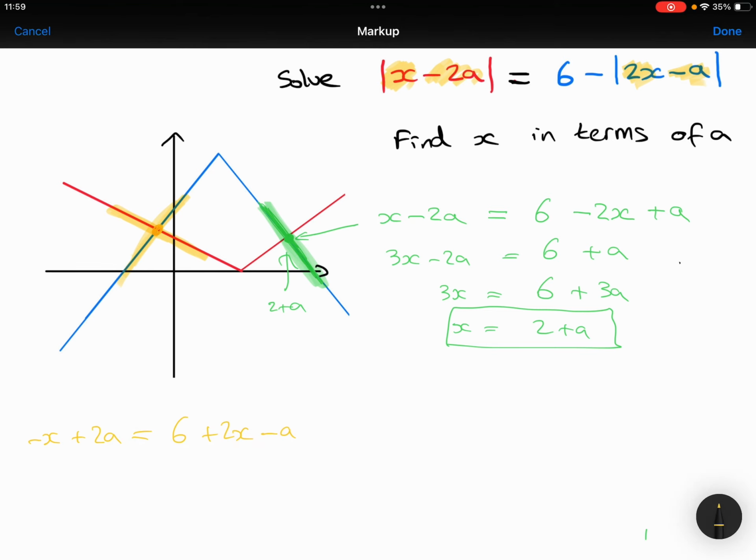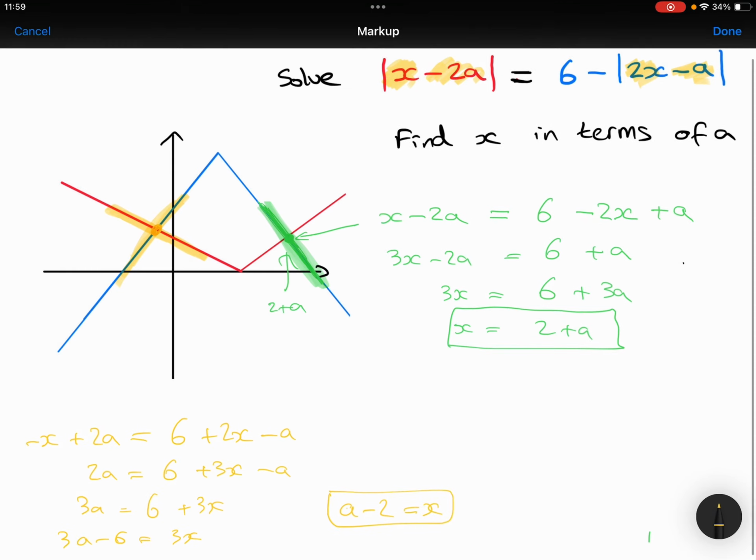Add the x to both sides. Add the a to both sides. Subtract the 6 from both sides, and then finally divide both sides by 3. So that's the solution for x at that point there in terms of a.